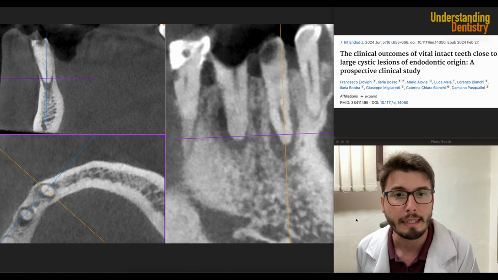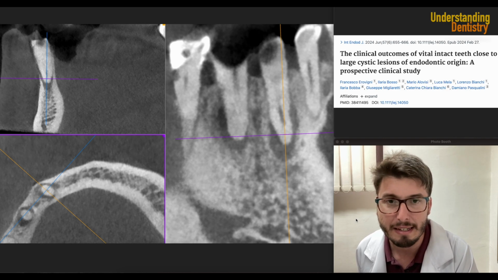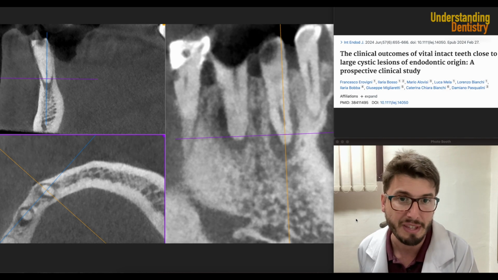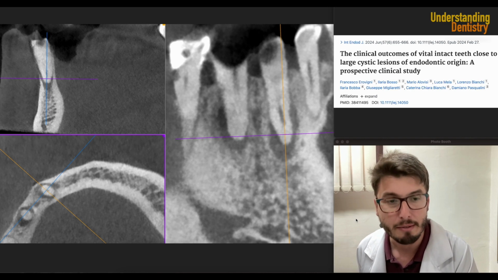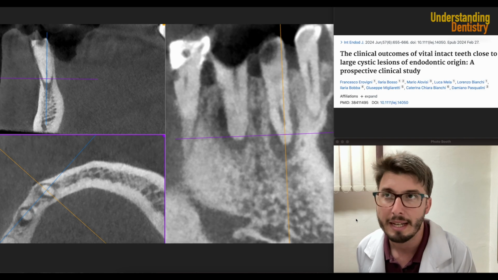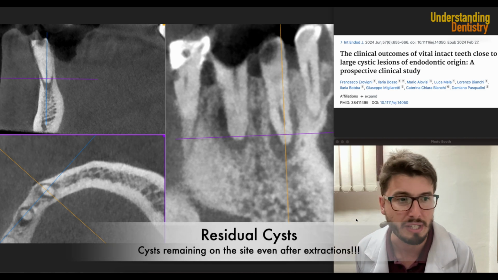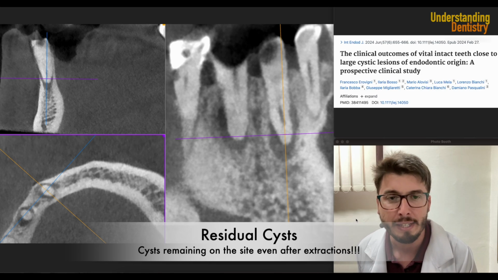Let's analyze the most important thing here, which is to assess the probability of this being a cystic lesion. Because a radicular cyst, if you just treat the root canal and don't remove the cyst, can continue to grow. That's the main key point of this video today. The cystic lesion needs to be removed.